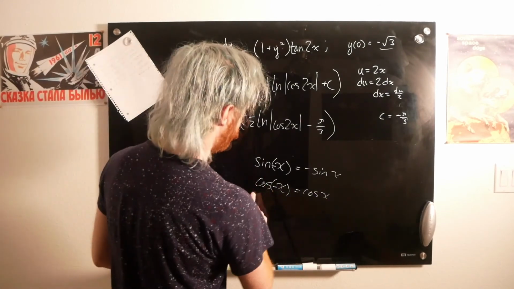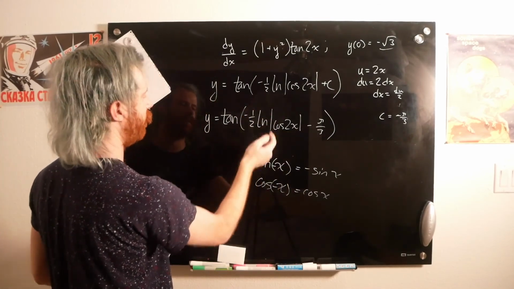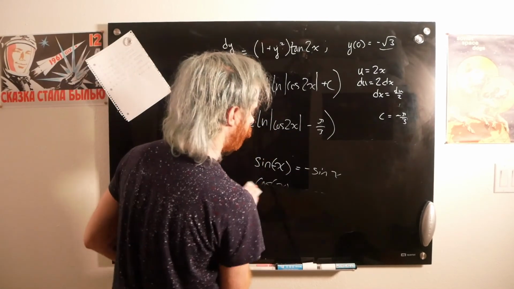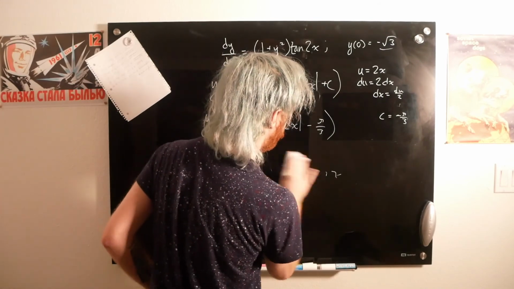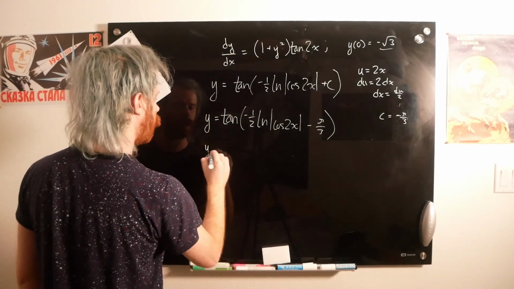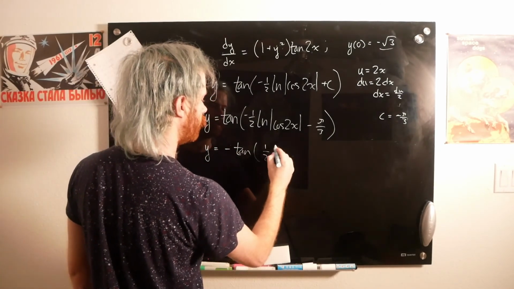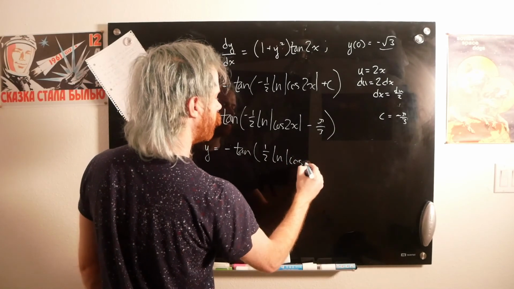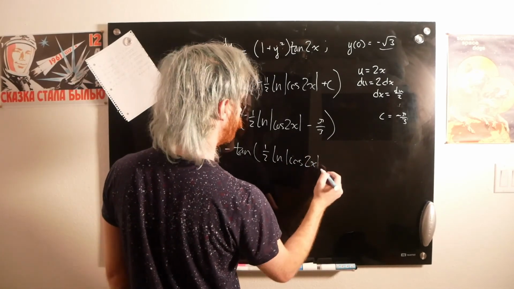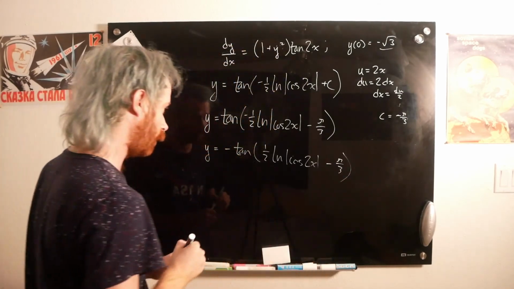With an odd function, the negative factors out and comes out front. That's what they did to get the answer in the book. So y equals negative tangent of 1 over 2 natural log absolute value of cosine of 2x, minus pi over 3.